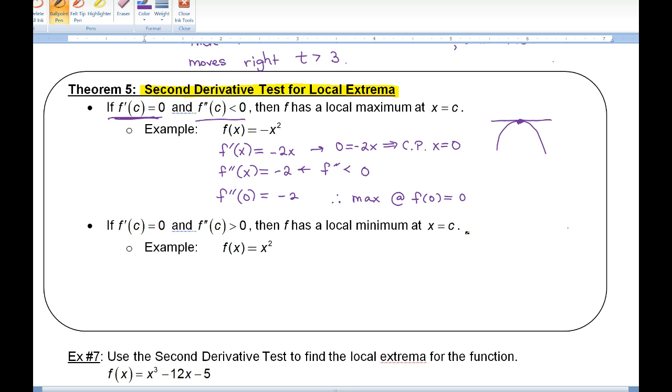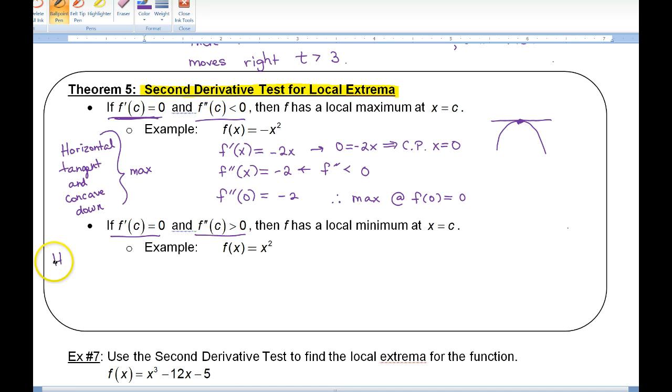Okay, so then our other example is, let's say we have a horizontal tangent and it's concave up, right? So again, this one was a horizontal tangent and concave down. So if these two things apply, then that means we have a maximum.